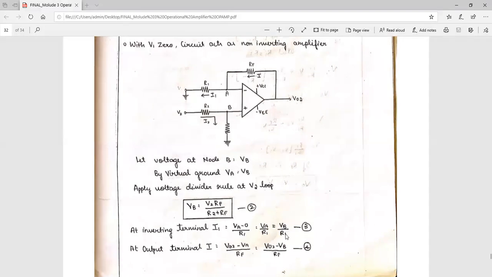Similarly, for the current moving from V output 2 to VA, I will get the expression V output 2 minus VA by RF, which is equivalent to V output 2 minus VB by RF. Clear? What you have to remember is, when we are considering V2 and grounding V1, the output voltage we get is V output 2.